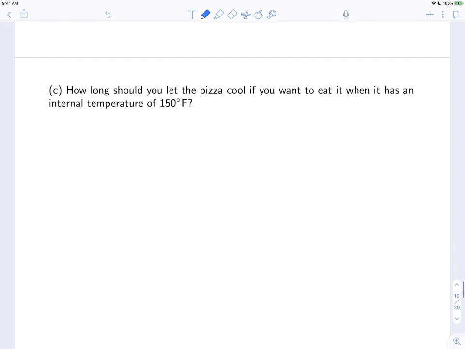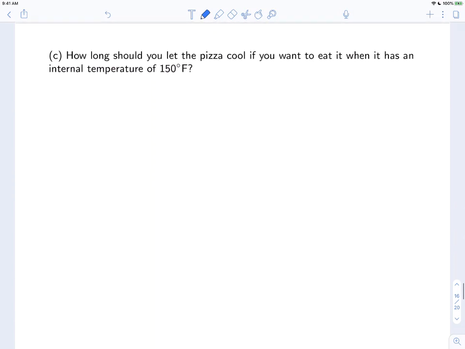So maybe that's a little bit too cool for your liking, so how long should you let the pizza cool if you want to eat it when it has an internal temperature of 150 degrees? Okay, so let's figure that out. So we have a formula, T at t is equal to 325 times e to the minus 0.413 t plus 75.